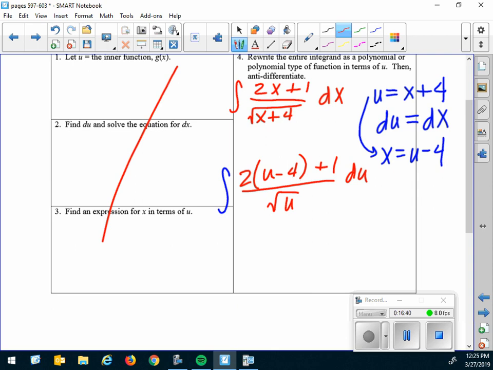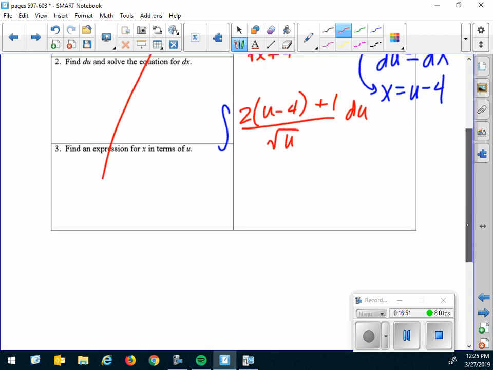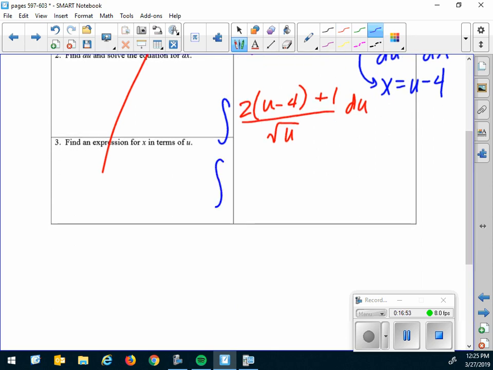What in beans am I going to do with that? How? Yeah, I'm going to clean up that numerator, distribute and combine like terms. So that's going to help us start. What's that numerator going to give me if I clean it up? 2u minus 7 over u to the 1/2 du.